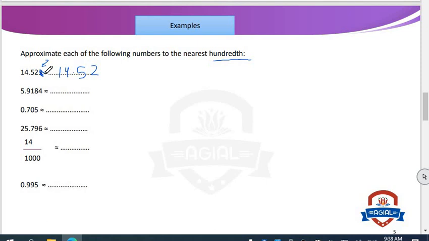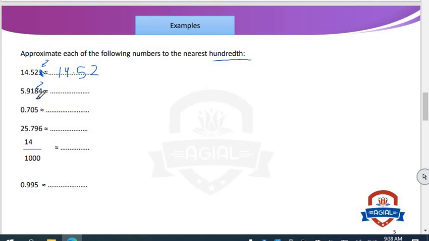Okay, number 2, try to solve it and make sure from your answer with me. Okay, let's try. Super. We look at the digit in thousandth place, number 3 after the decimal point. In here we have 8. Ask 8: 8, you are strong or you are weak?